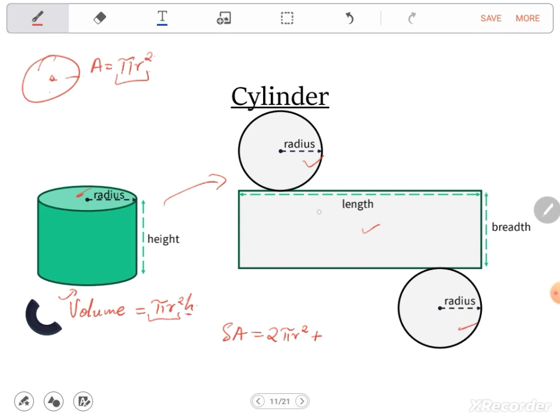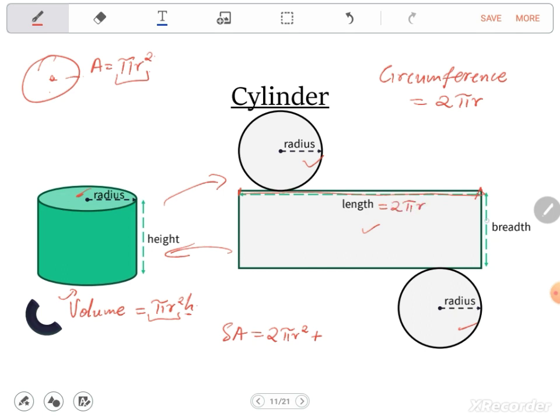This one is a rectangle, but when you close it, it becomes more like a pipe. So this length here is actually going to be the circumference. The formula for the circumference, let me write it in full, is 2 pi r. So the length is equal to 2 pi r.